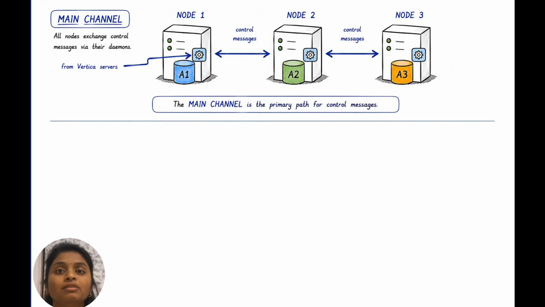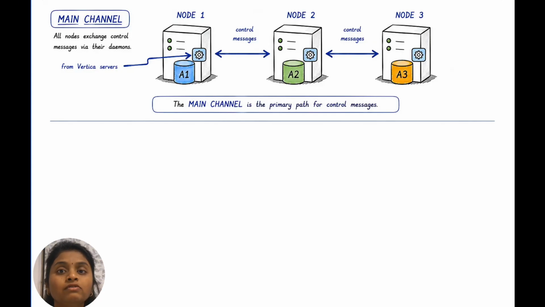Spread carries control messages between the node daemons, but it doesn't do that over a single path. Spread actually runs two channels, each with a different job. Let me show you both. First, the main channel. This is the primary path for control messages. Every node's spread daemon uses it to exchange the actual coordination traffic, the node state, query coordination, commits, etc., directly with the other nodes.